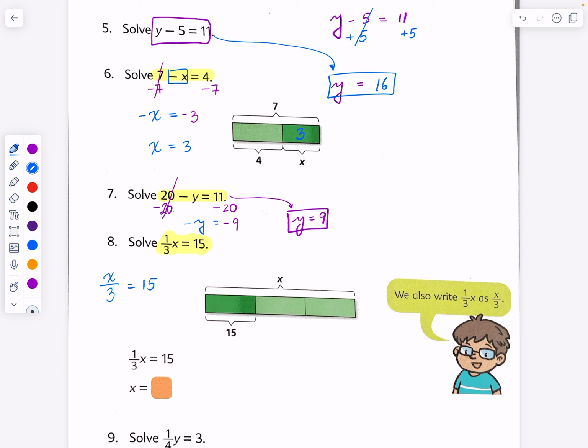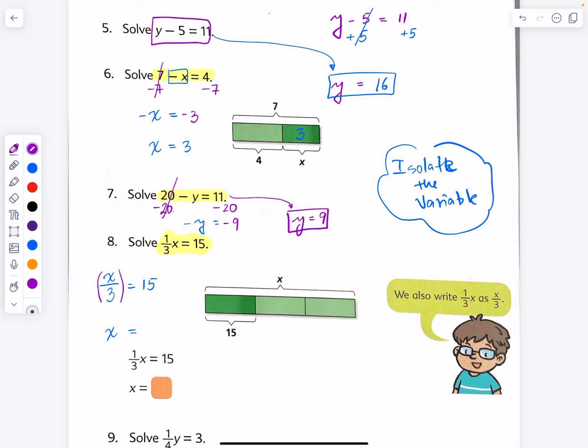What do we do to isolate x and make it stand by itself? Let me keep writing it. Isolate the variable. How do we isolate the variable? One more time. For example, number 8. Well, x is on the left. What is in the way of x? Divide by 3.